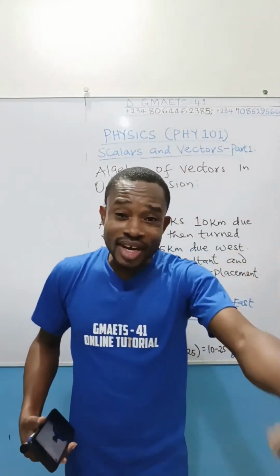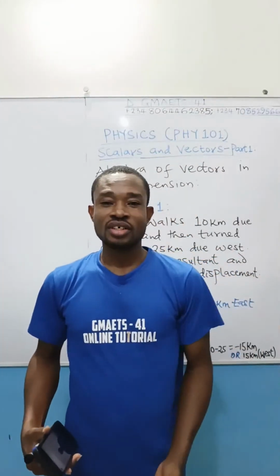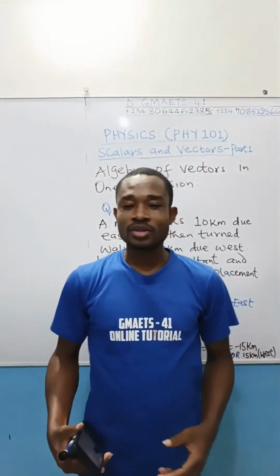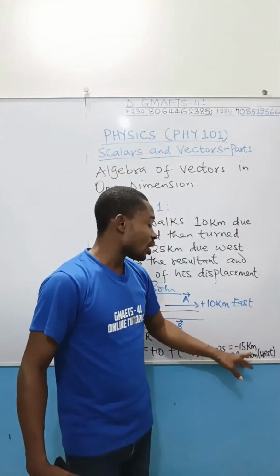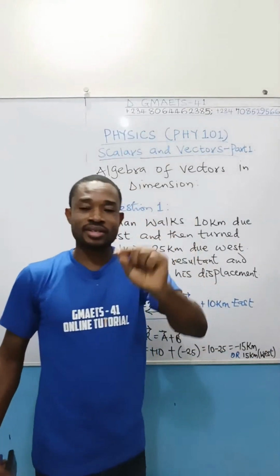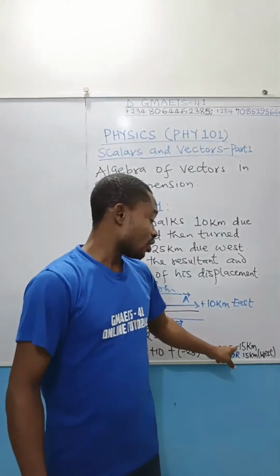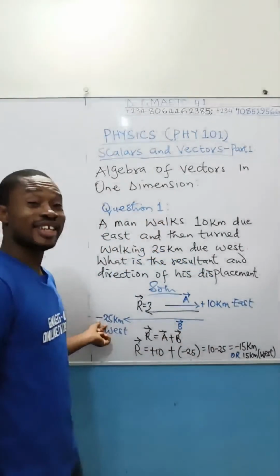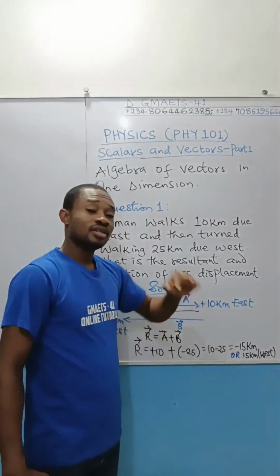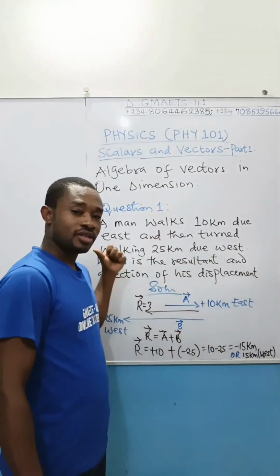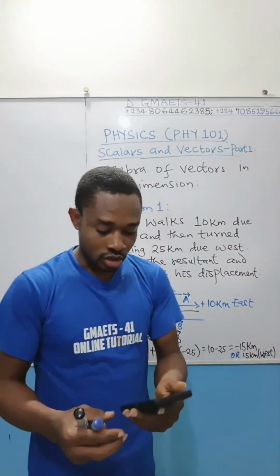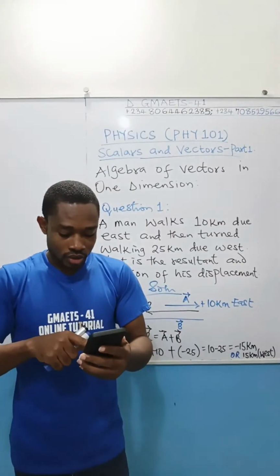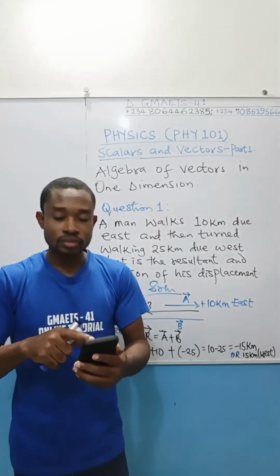If the examiner, the lecturer, or the teacher really understands vector resolution, even if you just write minus 15 kilometers without putting west, they should know that the minus indicates direction. And since west is what we assigned negative here, it means the man finally faced the west direction. We are done solving this question.